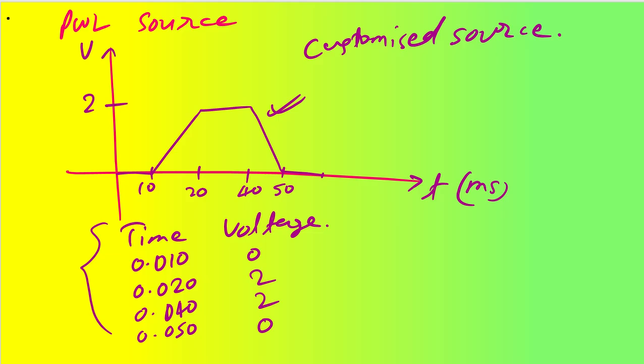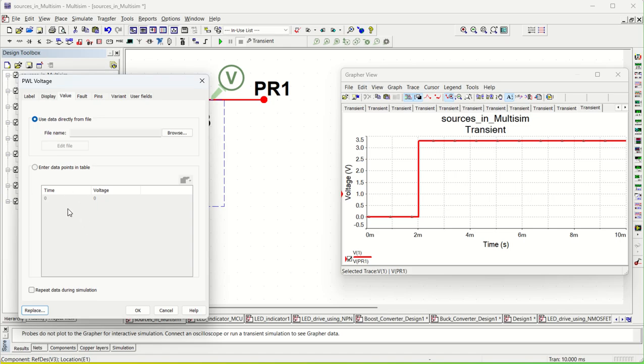So in the same way, we'll try to enter the values in the points table, instead of using the file. So go to enter table. What I will do is I'll put, let's say, 10 millisecond. So at 10 millisecond I want the voltage to be 0.